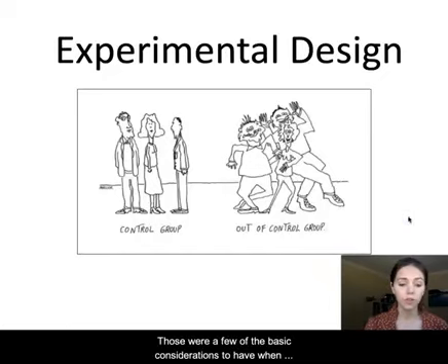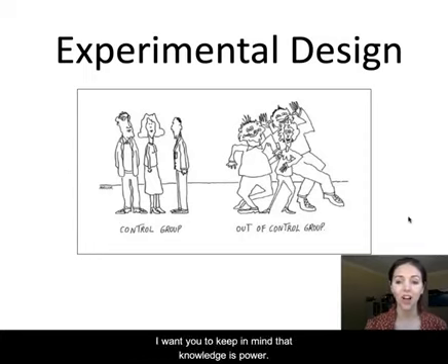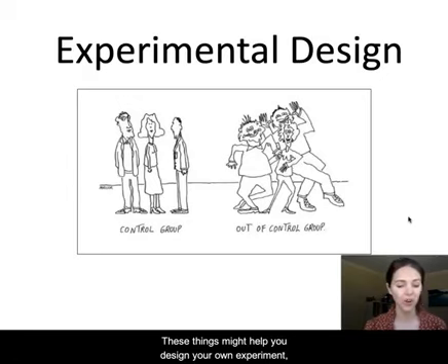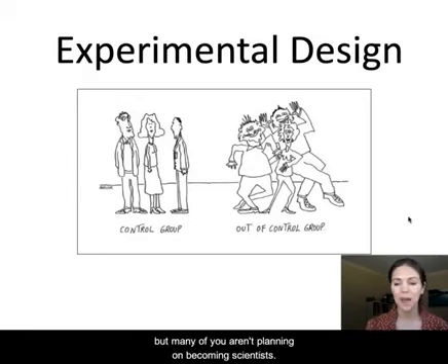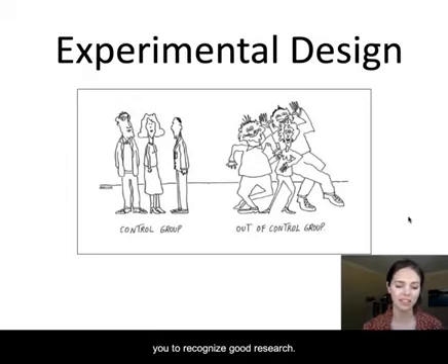Okay, so those were a few of the basic considerations to have when designing an experiment. And as you're learning about this, I want you to keep in mind too that knowledge is power. These things might help you design your own experiments, sure, but many of you aren't planning on becoming scientists. But this is still useful for you. These things are going to help you to recognize good research.